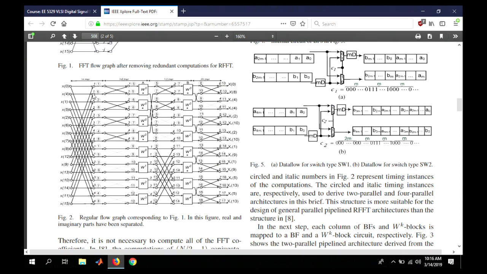Then we have one pipelining stage, so this 1 means these two are available after one pipelining delay. They are available in clock cycle 1, and then next cycle x1 plus or minus x9, that's in 2, and so on. So you can read these things.